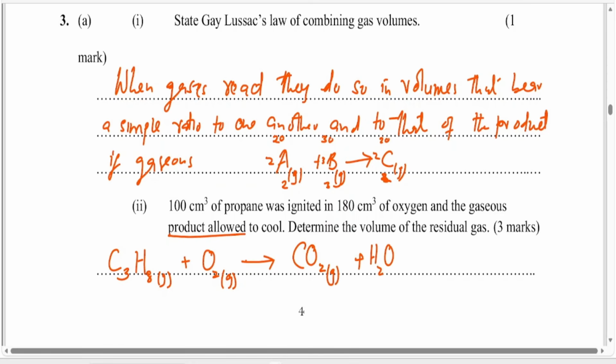Learners take note that the product was allowed to cool, so we expect the water to be in the form of liquid. So the only gaseous product is carbon dioxide.